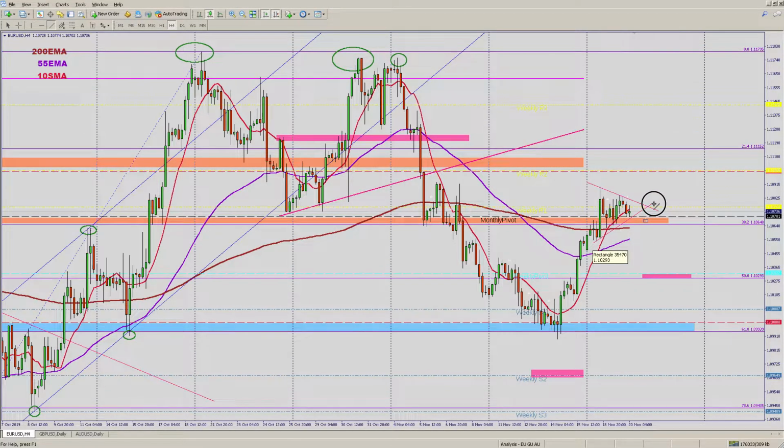A triangle here, rather small triangle, so eventually it will break out. If it does fall below the support area, looks like there's still quite a bit of support for now, along with the 200 period EMA, so around 110.60 to 70 area.